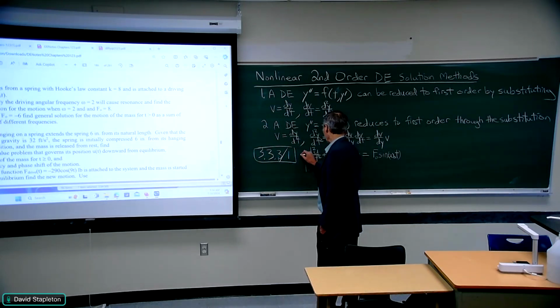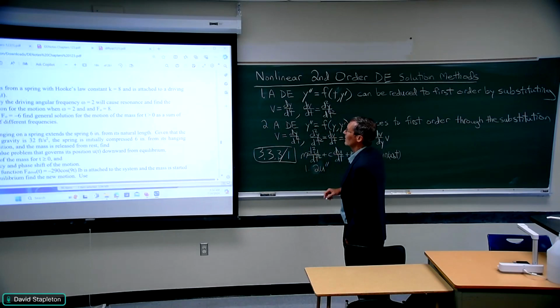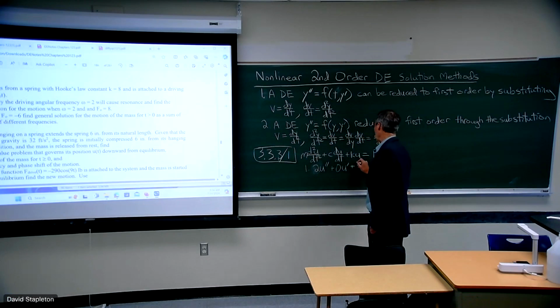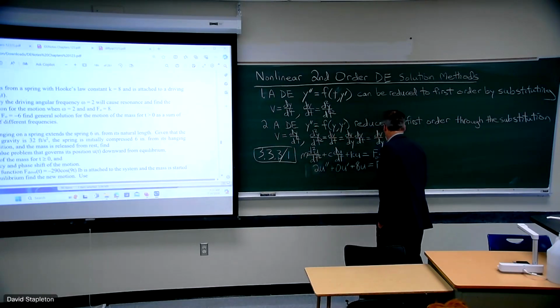So we've got 2 u double prime, if I put in m equals 2. And this one has no damping, so this term is gone. It's 0 du dt. Plus k, which is 8, u equals F0 sine omega 0 t for this problem.